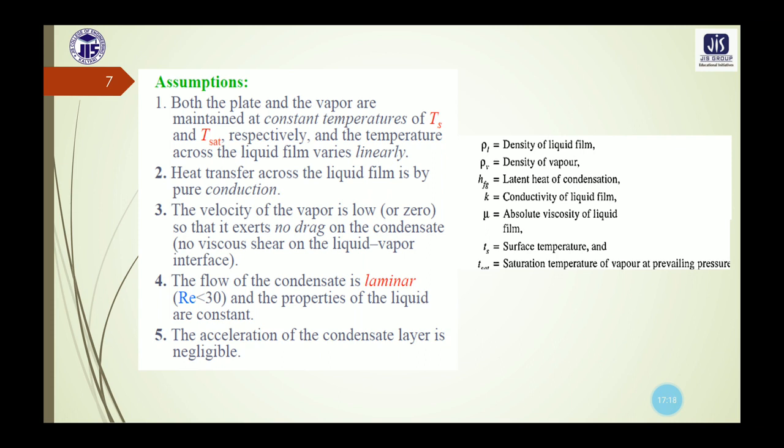This is the first assumption. The heat transfer across the liquid film is by pure conduction. The velocity of the vapor is low or zero so that it exerts no drag on the condensate, meaning no viscous shear on the liquid vapor interface.